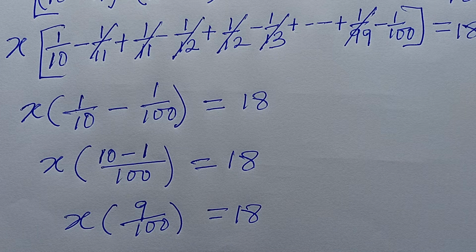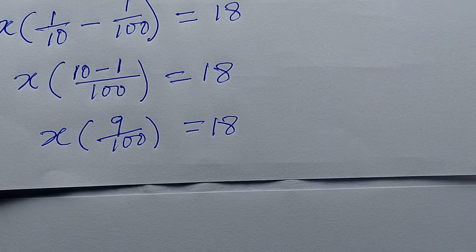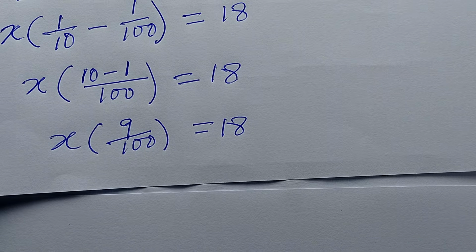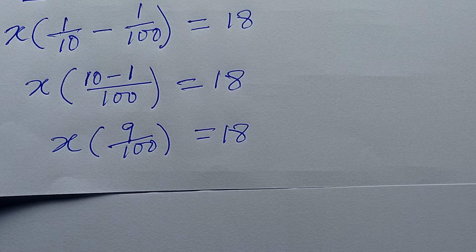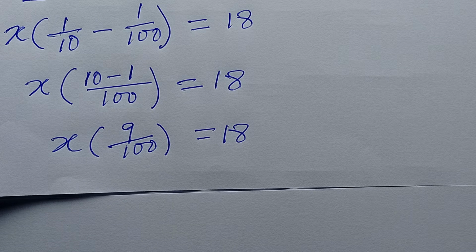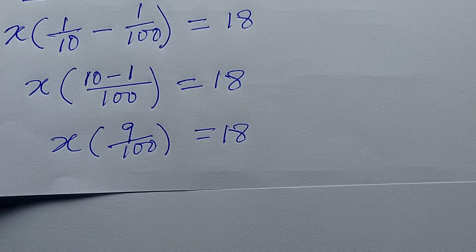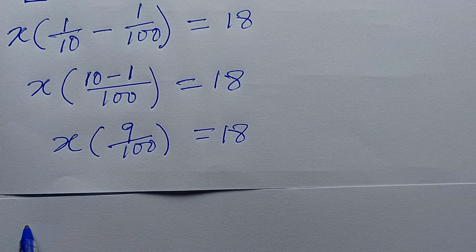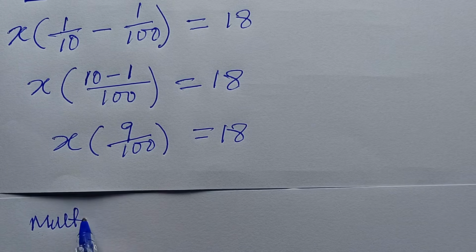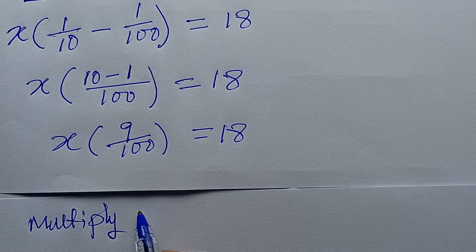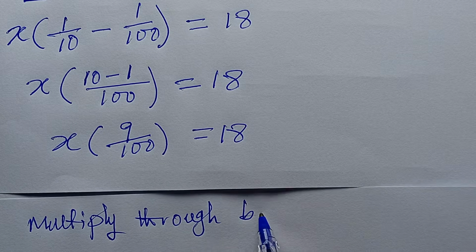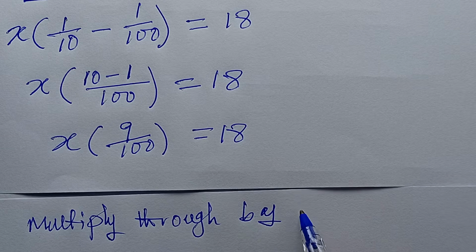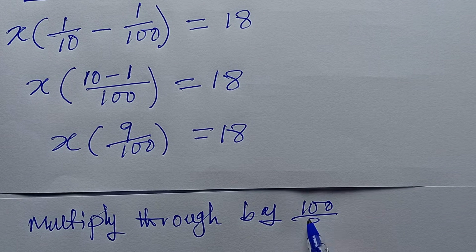So let's continue here. This is interesting, right? Good. So from here, what we do next is pretty easy. We just have to multiply both sides of the equation by 100 all over 9. Okay, so when I say multiply through, we want to multiply through by our 100 all over 9.